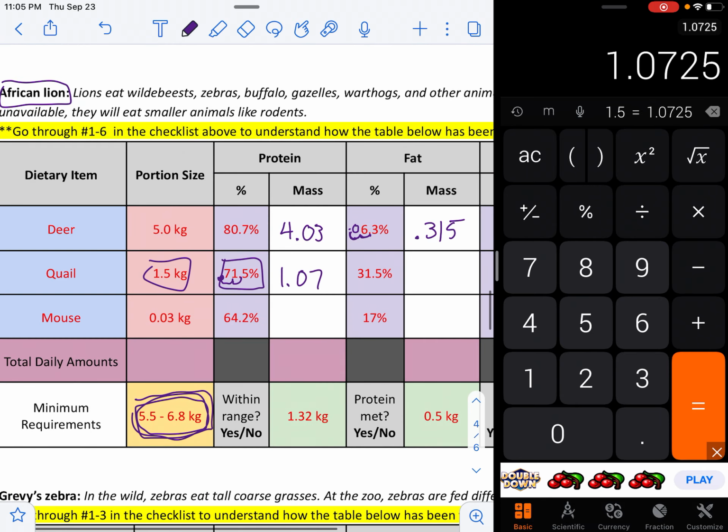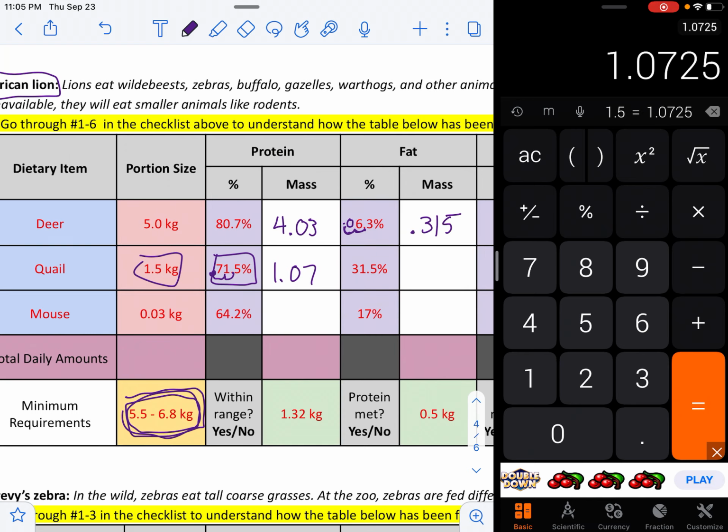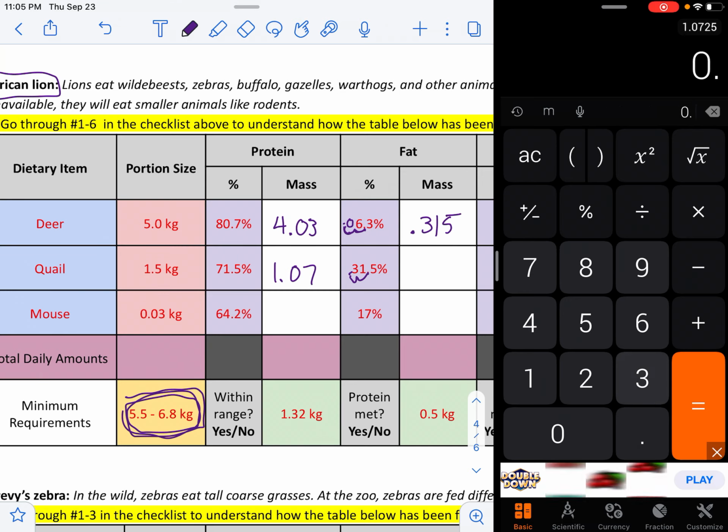Now we look at the fat. This is a much more fatty organism. It's got 31.5% fat. So I do the same thing. I move the decimal 2 jumps over. 1, 2. And now this becomes 0.315.